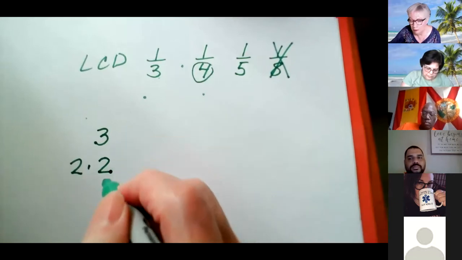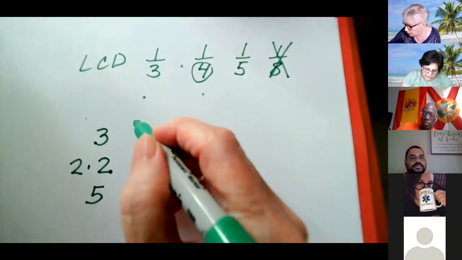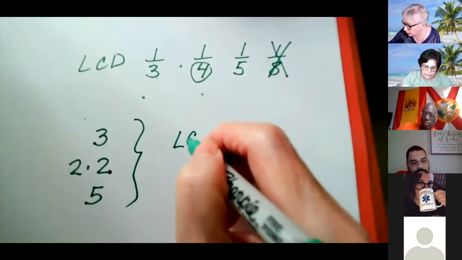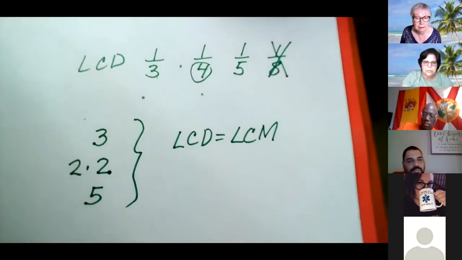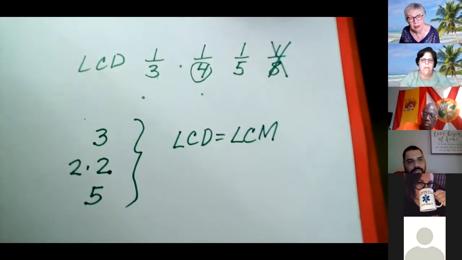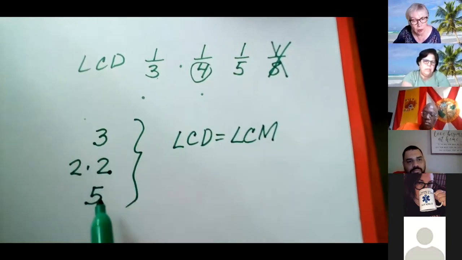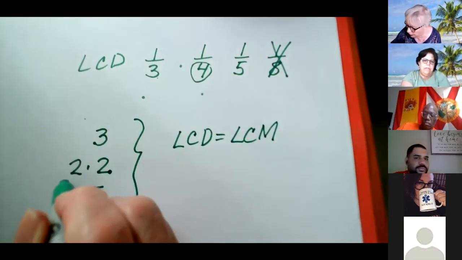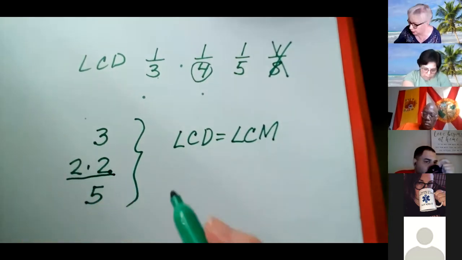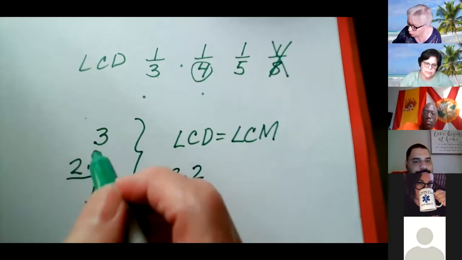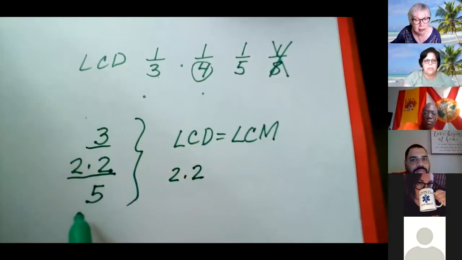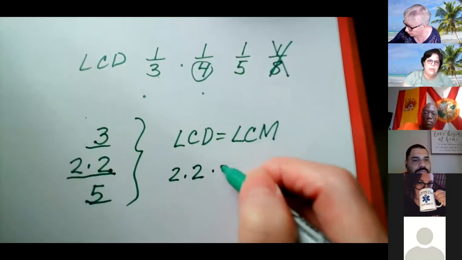And 5 is also prime. So when you do the least common denominator, which is also the least common multiple, you look at your numbers, your 2s and your 3s and your 5s, and you take the most in any one. So the most 2s I see are from this one, and it would be 2 of them. The most 3s I see in any particular number is just 1.